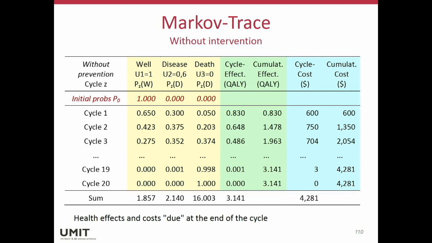Following this, what happens after one cycle? After one cycle, we know that only 65% of your people will stay in the well state, and 30% of your people are going to be diseased. 5% of your people are going to be dead.